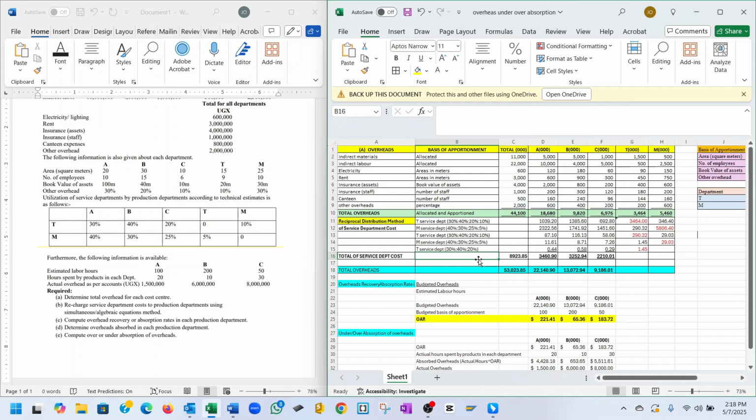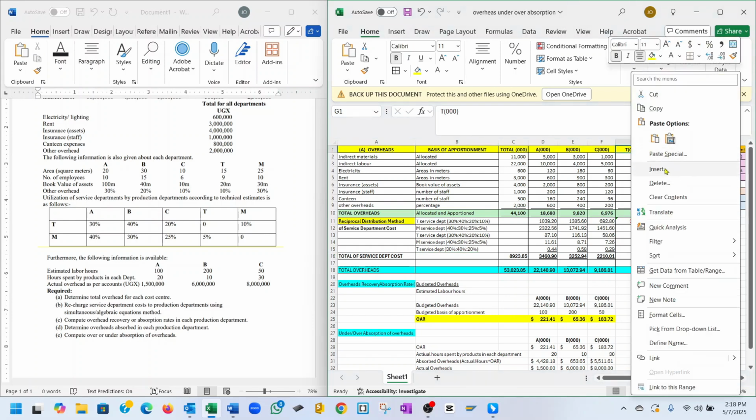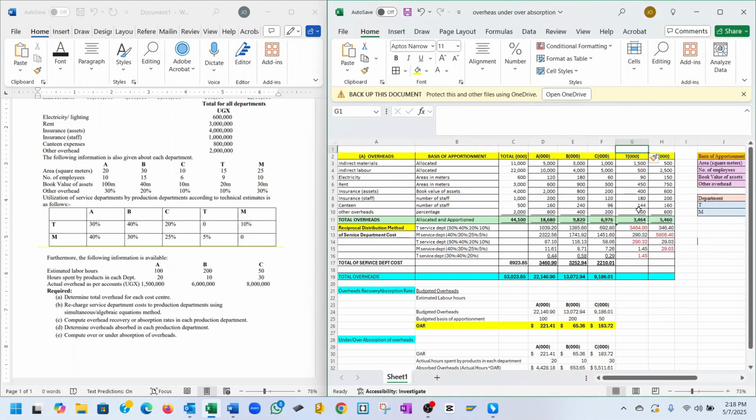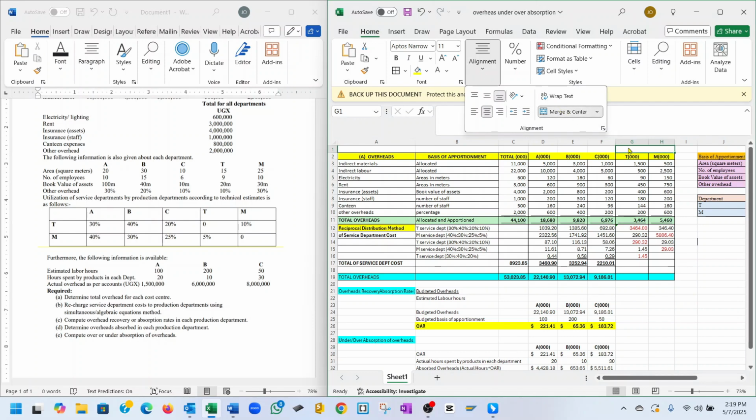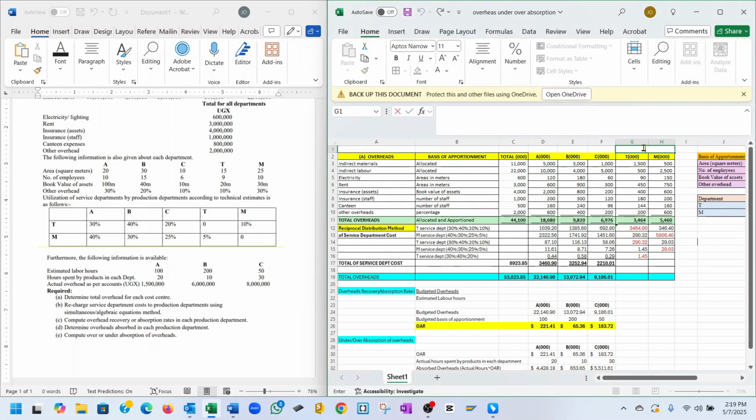Now for the reciprocal distribution method, we are going to share the service department. Let me insert a row up here. So these two departments are called the service slash support department.